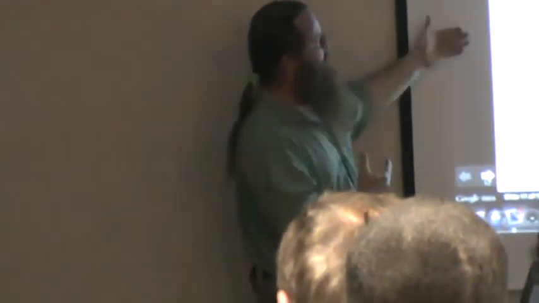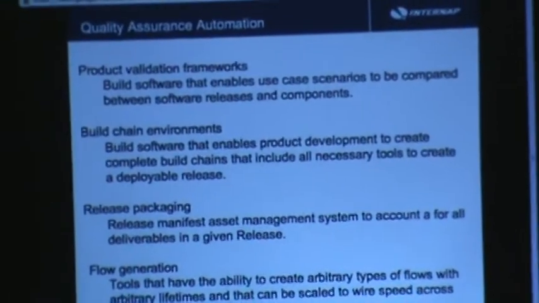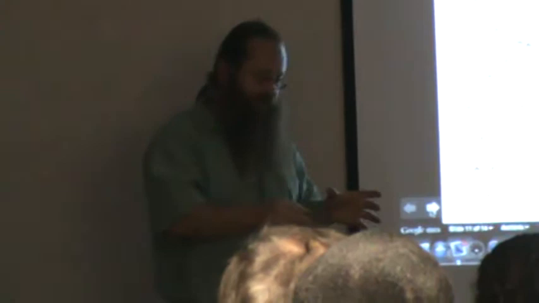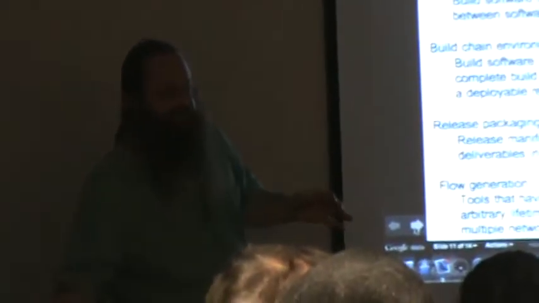So then, of course, build chain environments are almost for development, but it turns out that the people that call us to task are the QA folks. Because when we build a set of software artifacts to deploy onto systems, we need to be able to do that so that when we have a bug or a defect that's identified, we can force it back to the appropriate build and then plan impact analysis, what kind of releases to fix it.